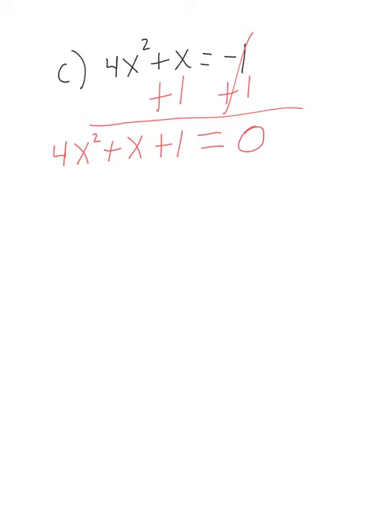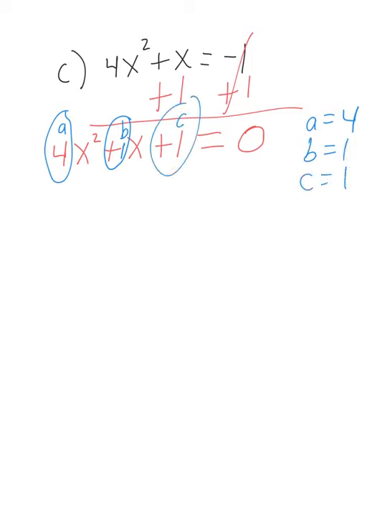After you get the equation in standard form, then you can identify A, B, and C. So A here is going to be positive 4. B, if it just says plus x, we can assume that B is a positive 1. And C is also positive 1. So then you'll want the formula nearby.